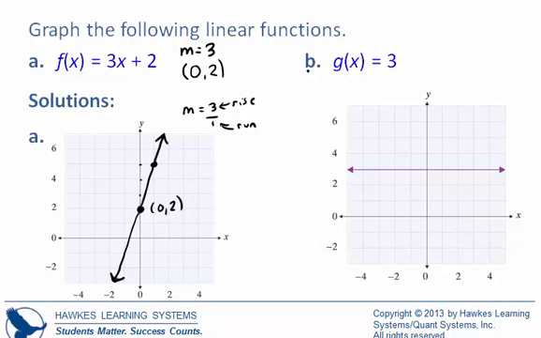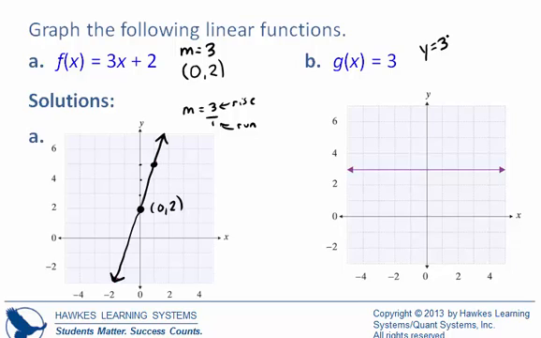For part B, we're asked to graph g of x is equal to 3. Again, this is equivalent to a linear equation that says y is equal to 3. And we have talked about the fact that if we have a linear equation that only has one variable, that it is either a vertical or a horizontal line.